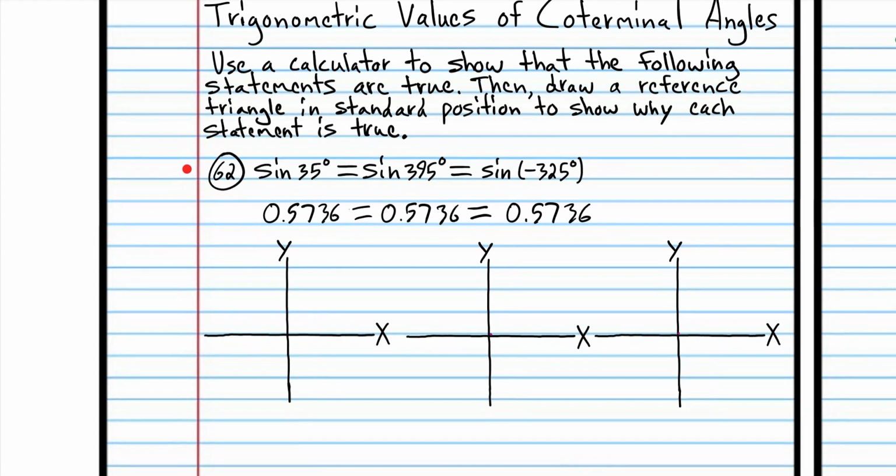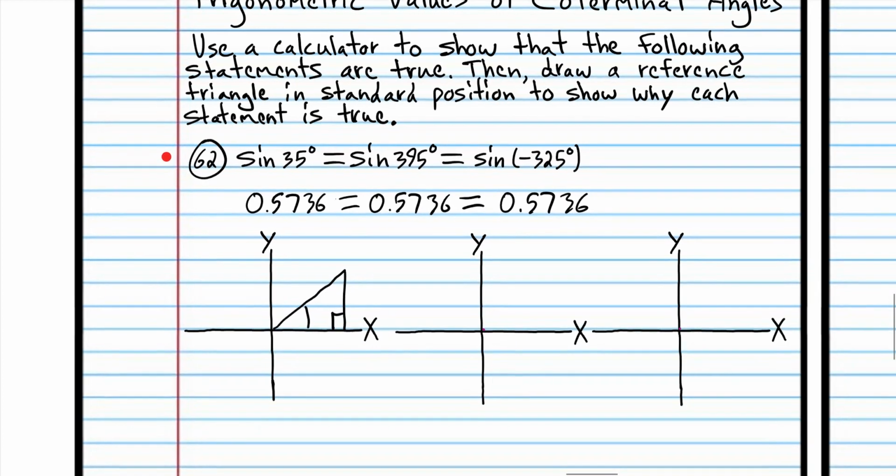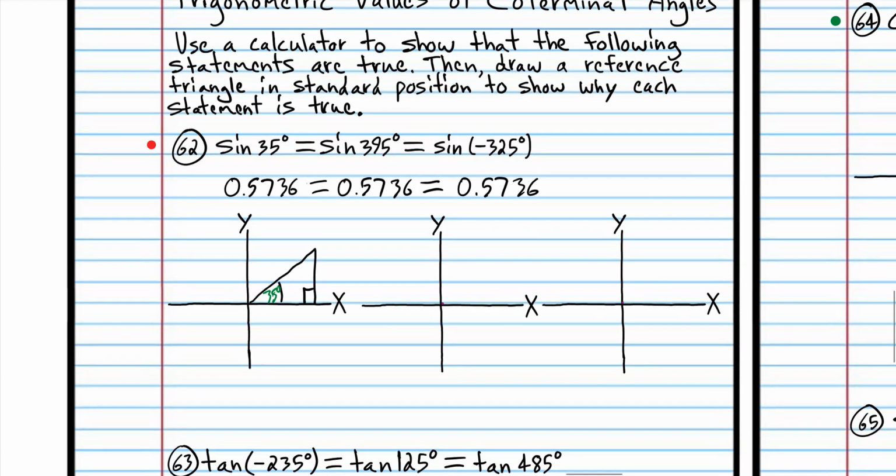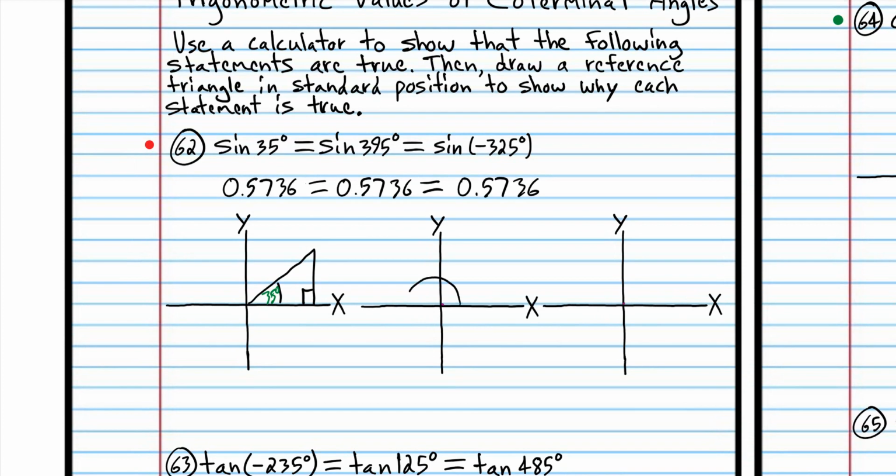Well, let's draw the triangle. So we have a 35-degree angle. That's 35 degrees there. And 395, rotate around. And we have another 35-degree angle, a reference angle that is. Now let's rotate negative 325, so it's a negative angle, so we have to go clockwise.